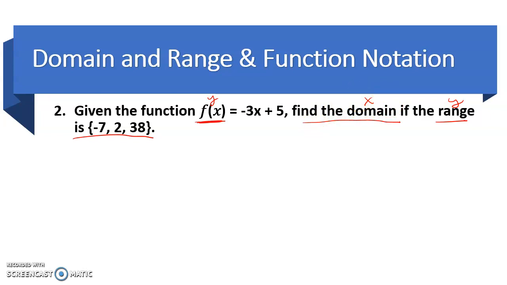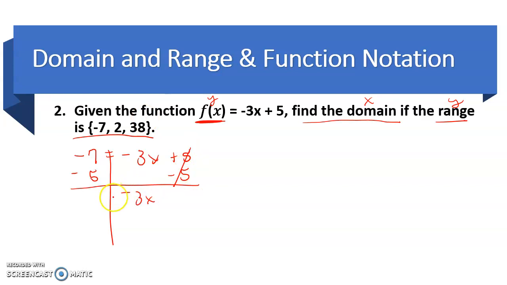So for this first one, I'm going to start with negative 7. I'm going to say negative 7 equals, because I'm replacing y, or f of x, negative 3x plus 5. I'm going to draw my line. Subtract 5 on both sides. Positive 5 and negative 5 make 0, so I'm going to cross it out.